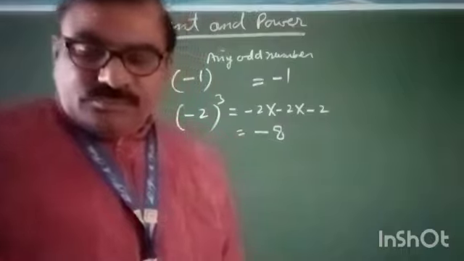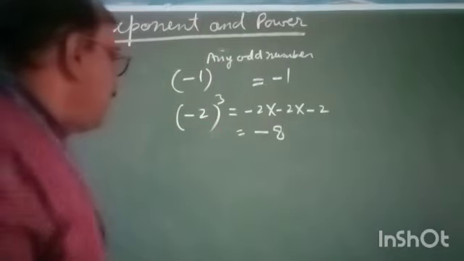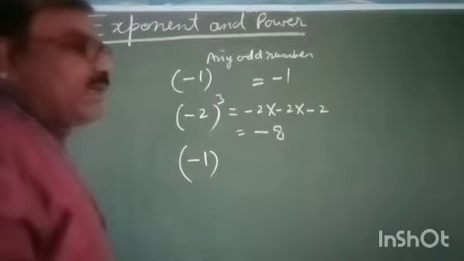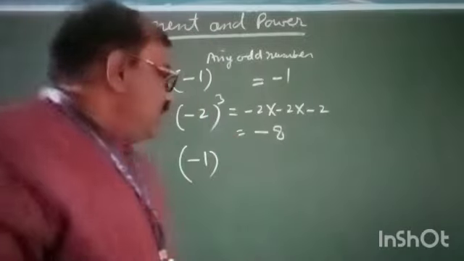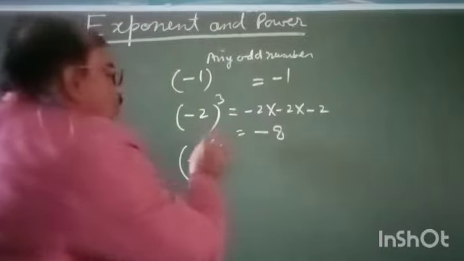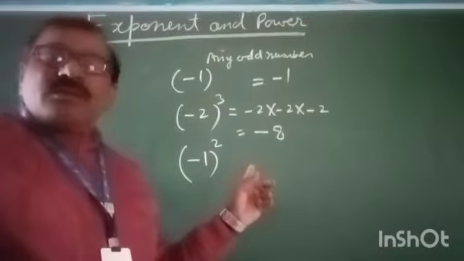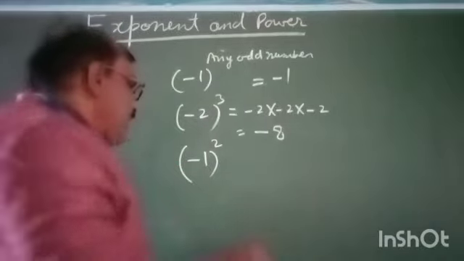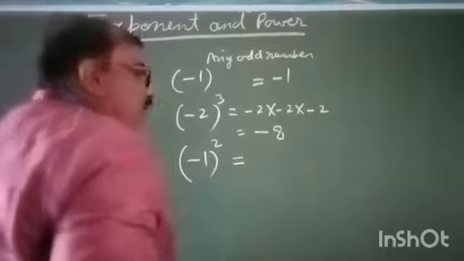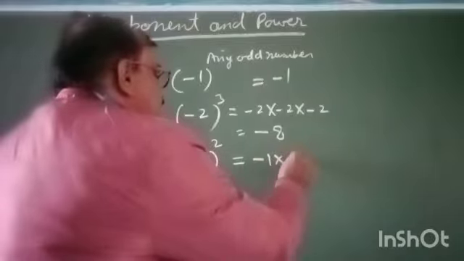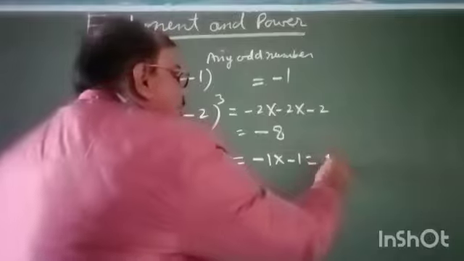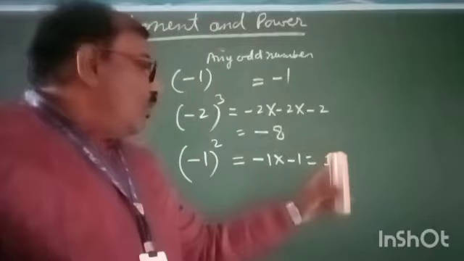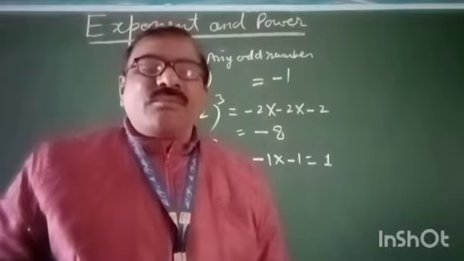Now, if the power of any negative integer is an even number, suppose -1 to the power 2, 2 is an even number, so -1 multiply -1, and I will get 1. 1 is a positive integer.